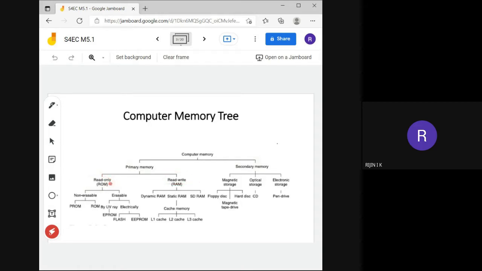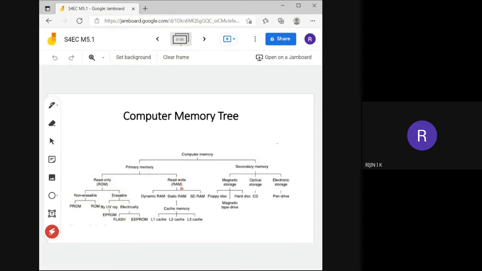Then read-only memory we can also classify into two categories: erasable read-only memory and non-erasable read-only memory. PROM and ROM come under non-erasable read-only memory, and EPROM, Flash and EEPROM come under erasable.